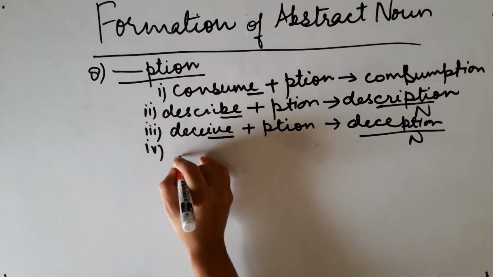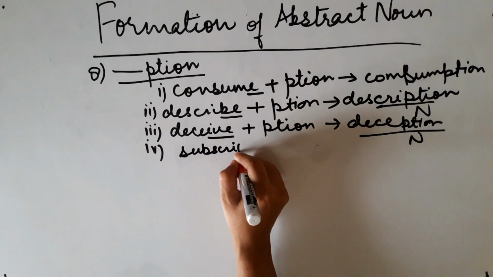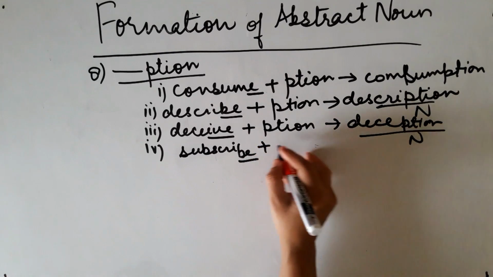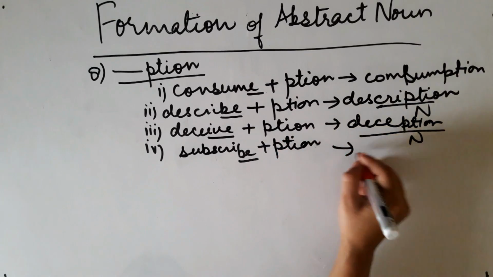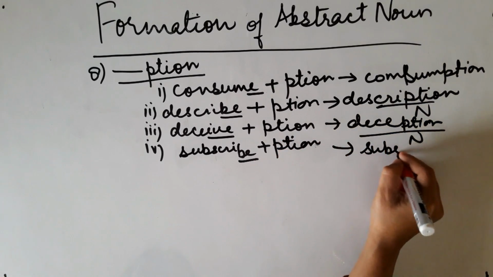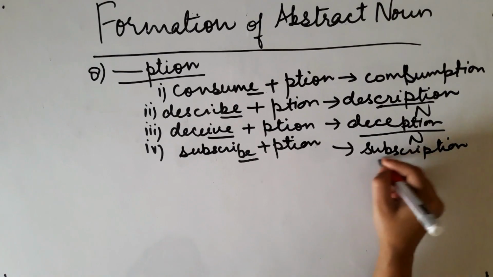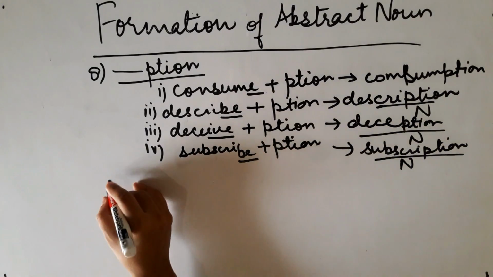Yet another word I have, that is subscribe. We will replace b-e and p-t-i-o-n is added and it becomes subscription. So in this way we have changed all these verbs into nouns.